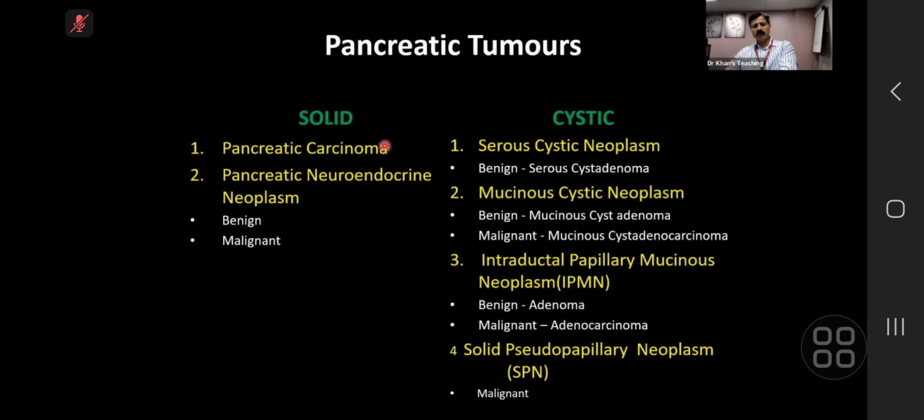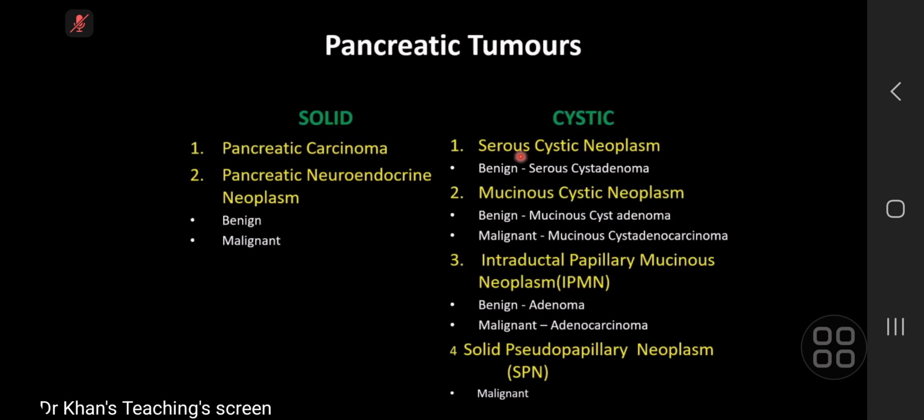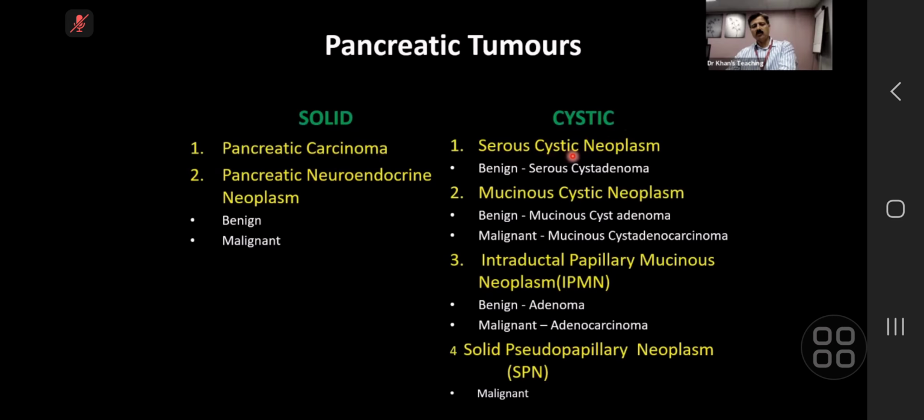So just a recap, in the solid we have covered pancreatic carcinoma and pancreatic neuroendocrine tumors, and they can be benign and malignant, and they enhance and they show more calcification. And we have covered gastrinomas, etc. Cystic neoplasm, serous cystic neoplasm is that grandmom tumor, no malignant potential.